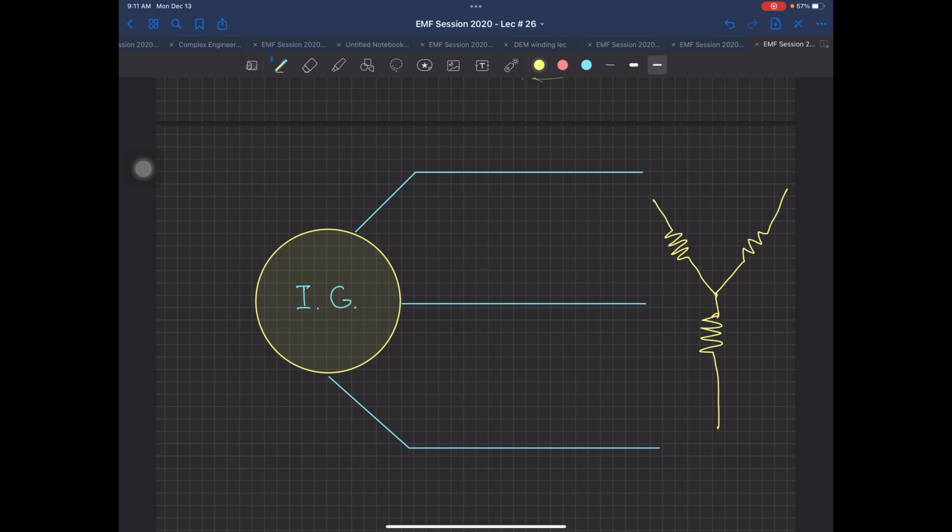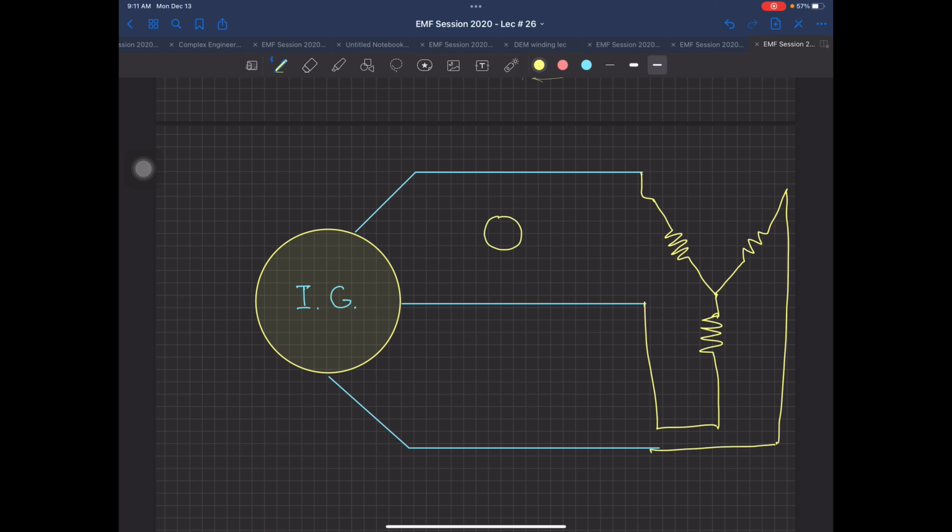And it's simple resistance over there, which means this is connected over here, this is connected over here, this is connected over here. Now, the problem here is this: even if it has some residual magnetism, it will produce some voltage.